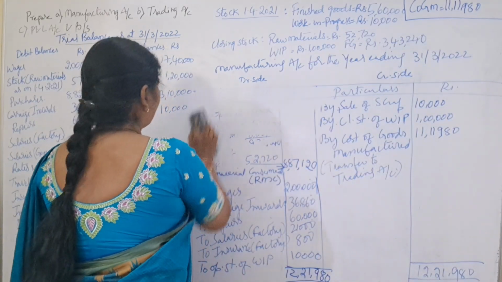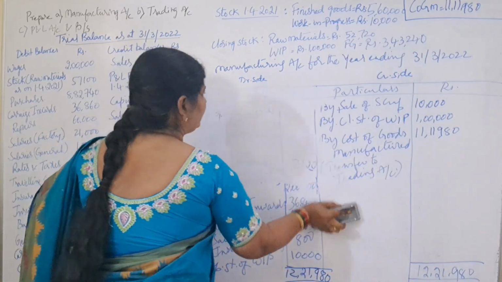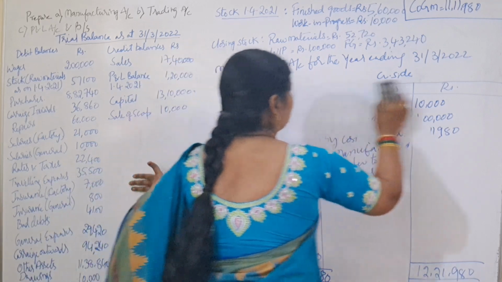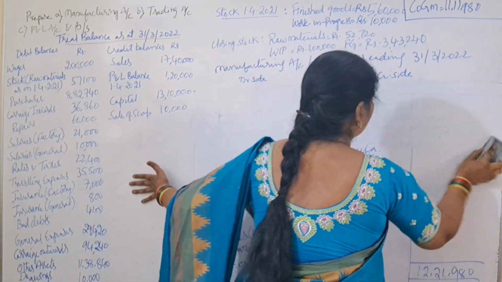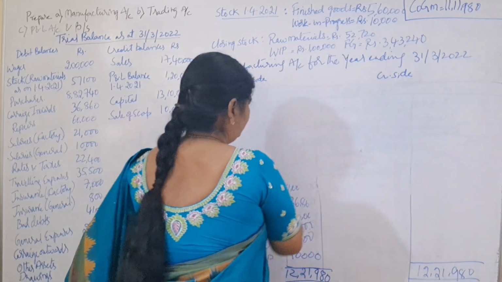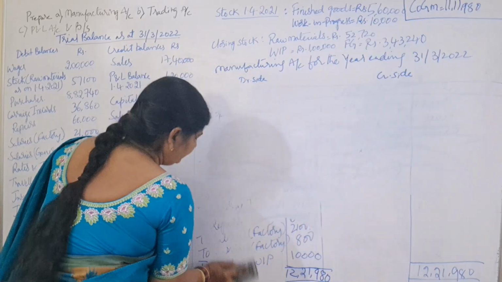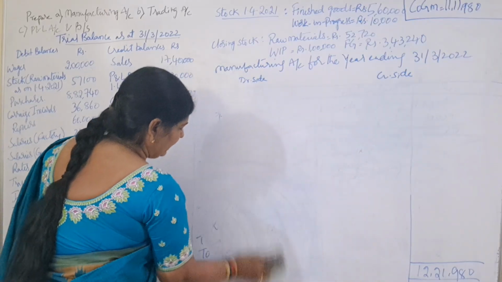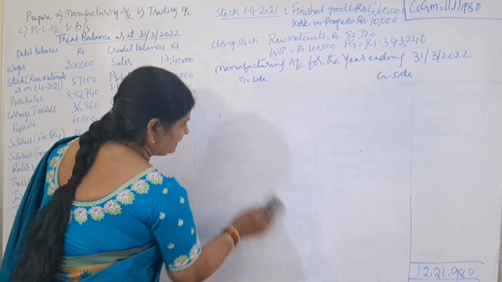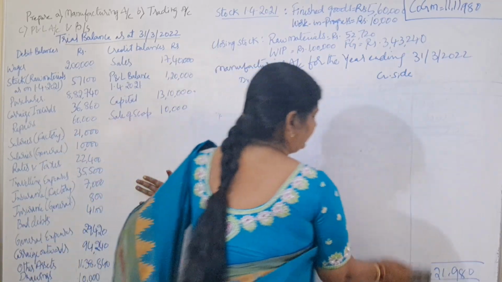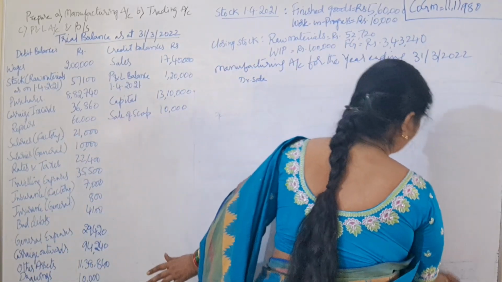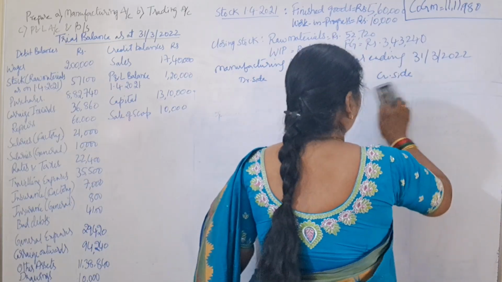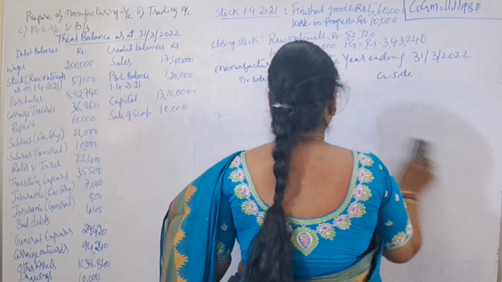Is it clear how we have prepared manufacturing account? The rest of the preparation of final accounts is the same as what you have learned before: preparation of trading account, profit and loss account and balance sheet. You have to observe what is there in the trial balance and post the same relating to trading account, profit and loss account and balance sheet, and you can complete your final accounts.